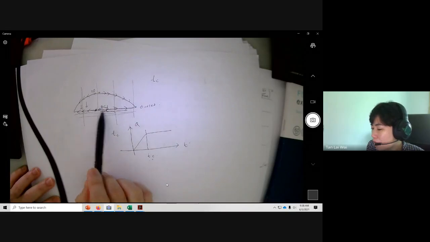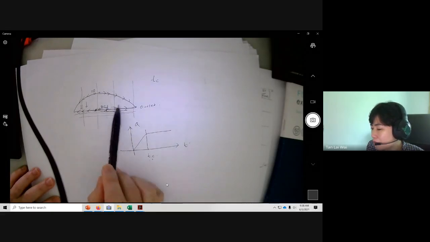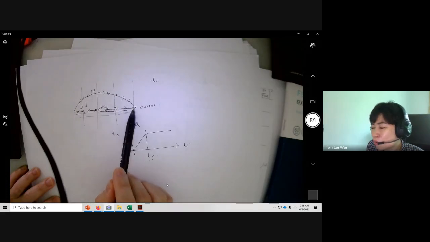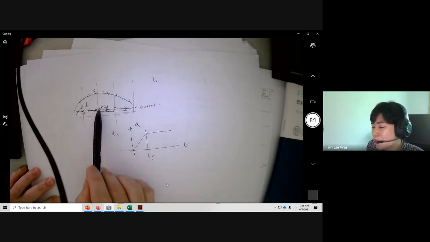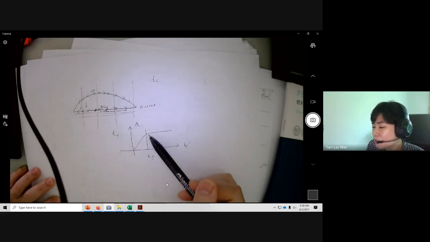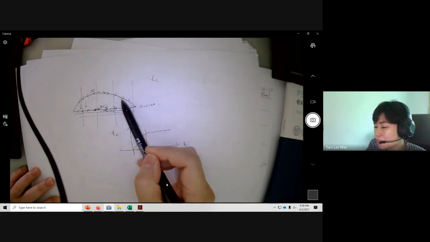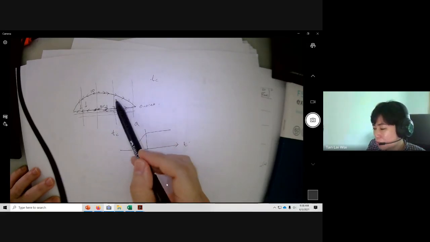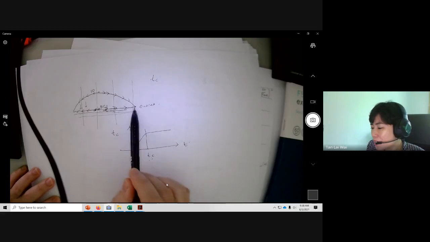Semua aliran, okay, aliran permukaan tertumpu di outlet, okay. Jadi masa yang diperlukan untuk semua aliran tertumpu bila hujan tak berhenti, maknanya hujan berterusan, Q dia akan constant sebab semua dah contribute.